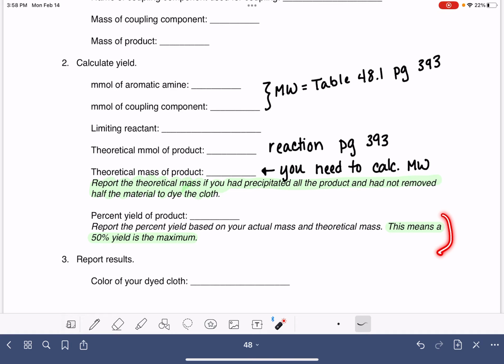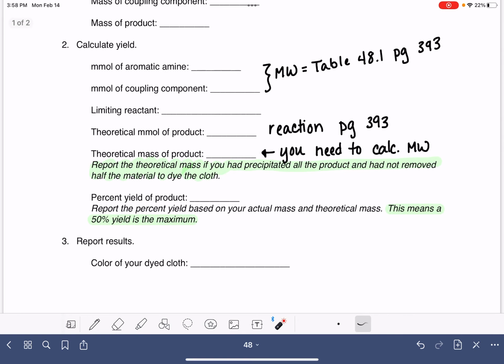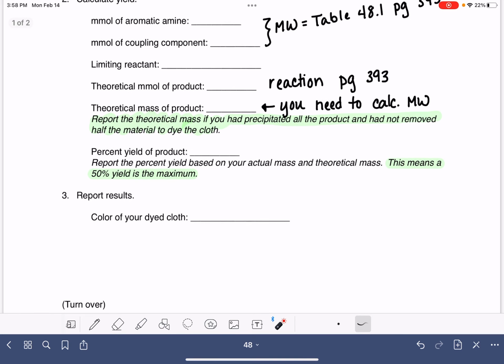You didn't measure it out carefully. Maybe you got a little bit more in one and a little less than the other, in which case maybe you get over 50%. But you should be getting something less than or pretty close to 50% yield.